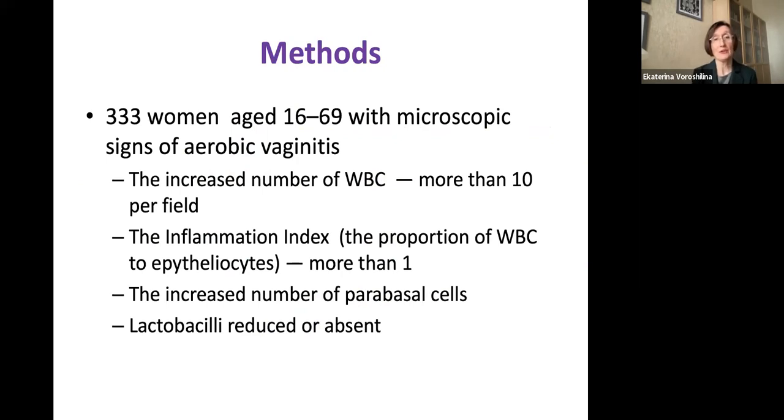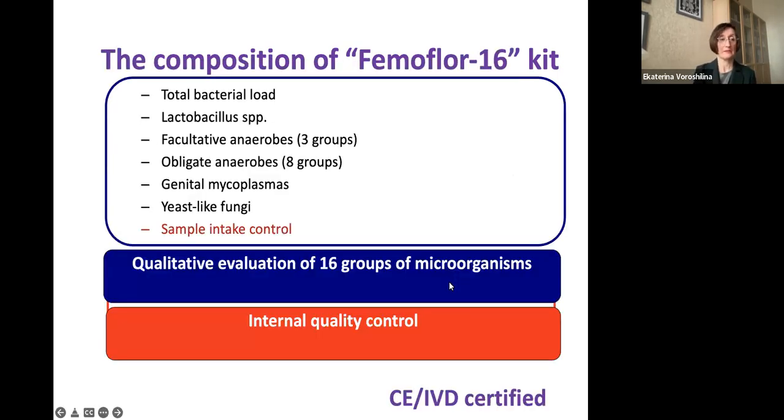In order to evaluate vaginal microbiota of women with microscopic signs of aerobic vaginitis, we analyzed 333 vaginal samples by means of real-time PCR. We used the commercial Femaflor kit produced by DNA Technology, Russia.